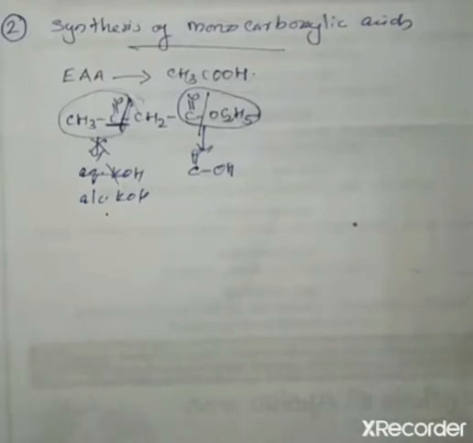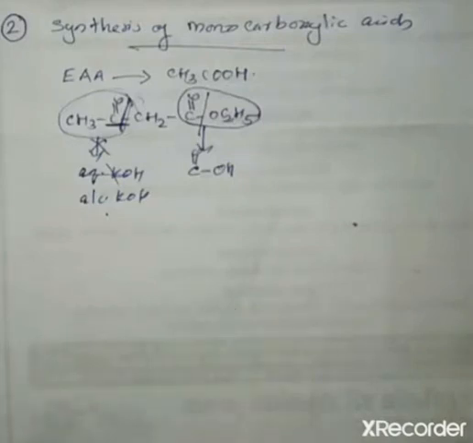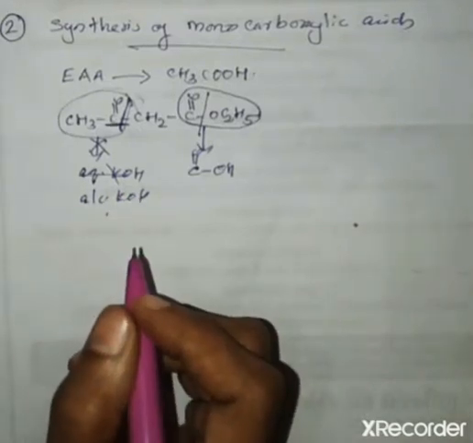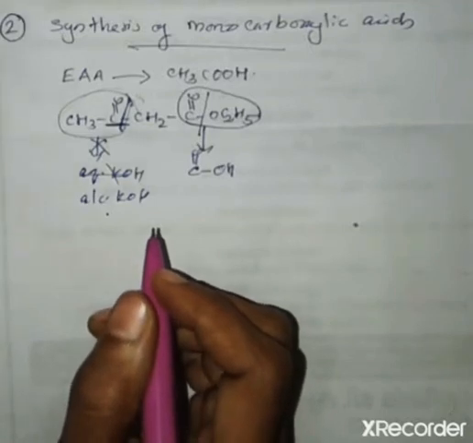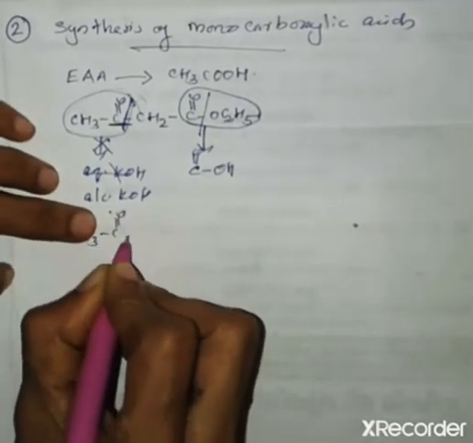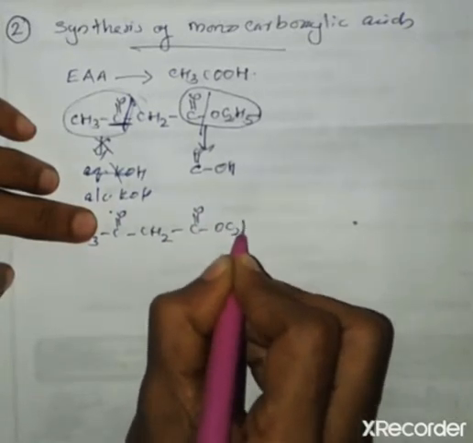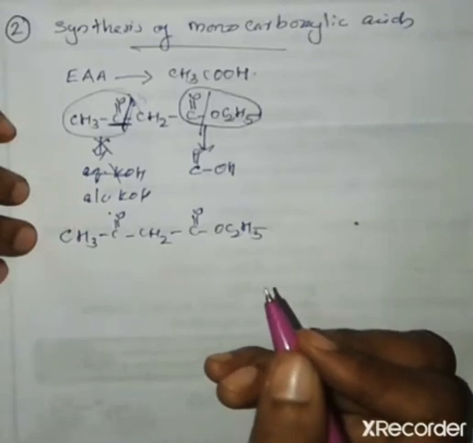So at a particular step of the reaction, it is treated with alcoholic KOH to remove the keto group from the ethyl acetoacetate. Okay, then we can check how it is converted into acetic acid. The compound is CH3, C double bond O, CH2, C double bond O, OC2H5. This is ethyl acetoacetate.